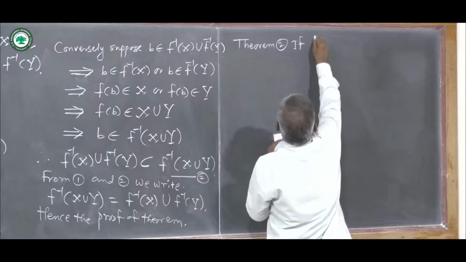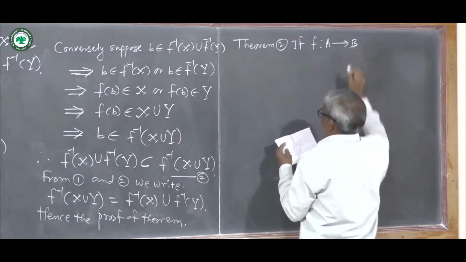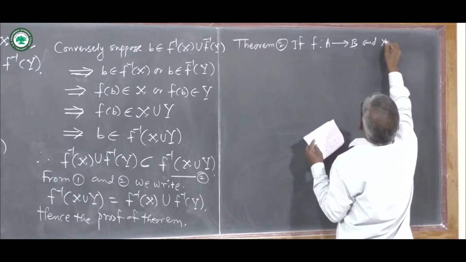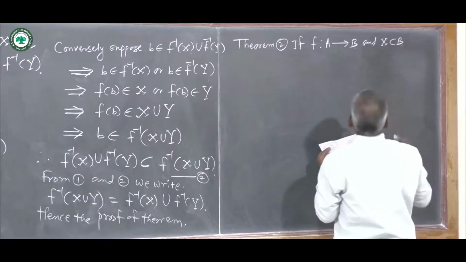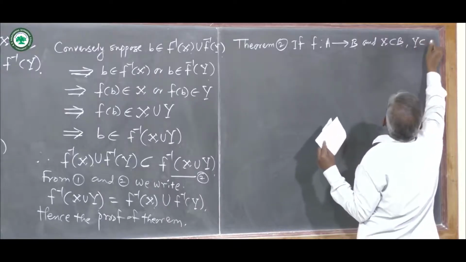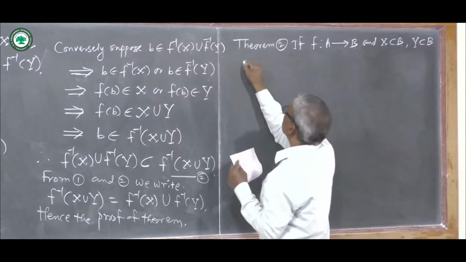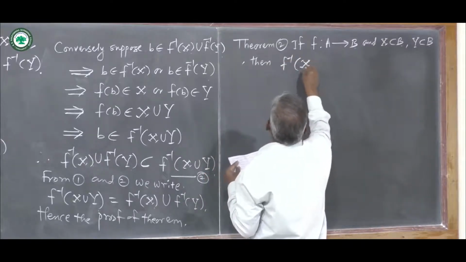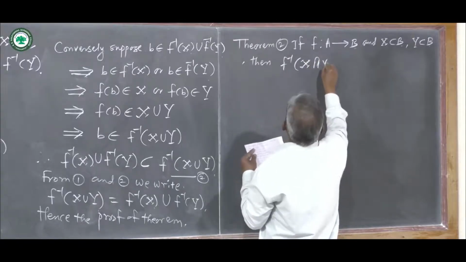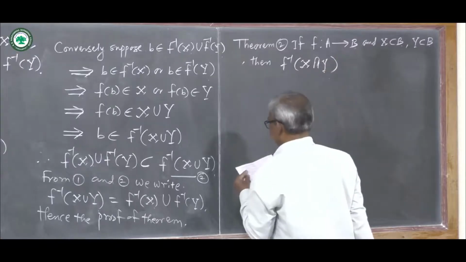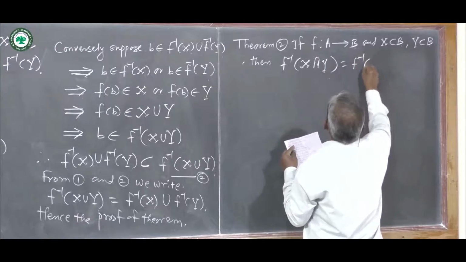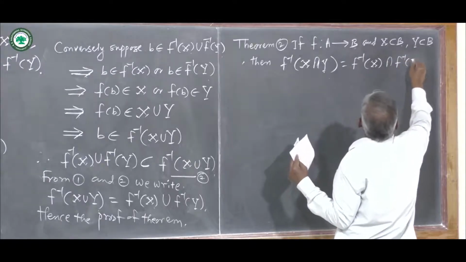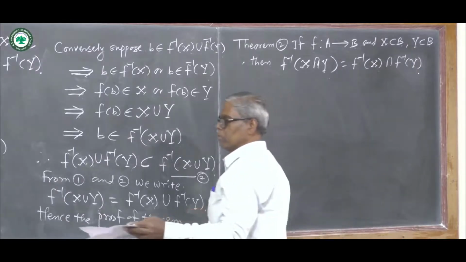If f from A to B, and if capital X is a subset of B, capital Y is a subset of B, then f inverse of X intersection Y is equal to f inverse of capital X intersection f inverse of Y. Proof.